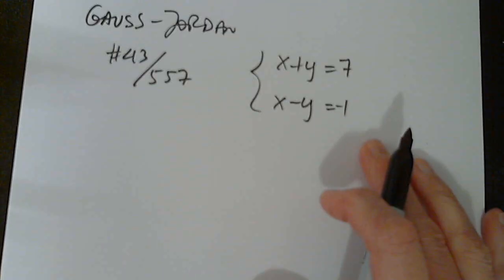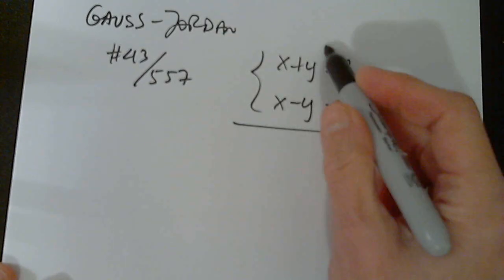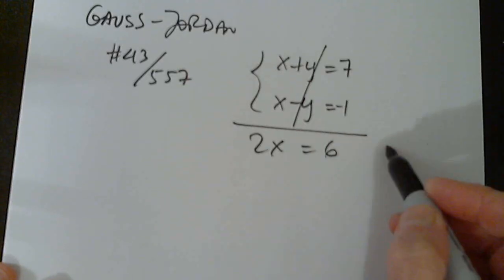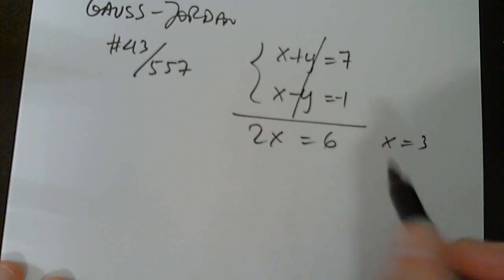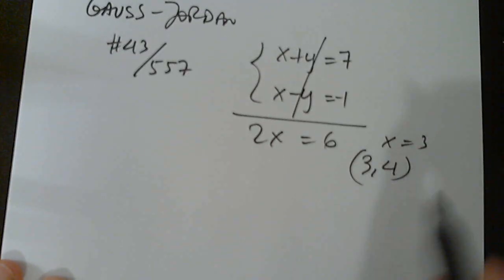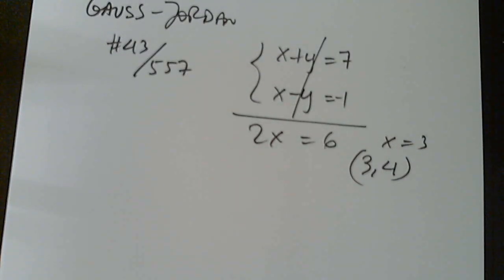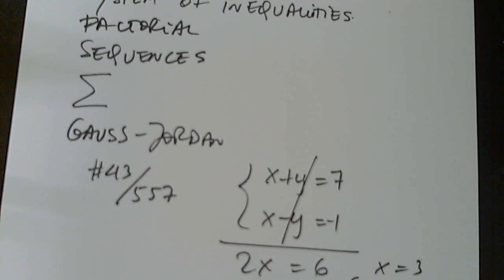Yes, exactly. Good. 2x equals 6, x equals 3. If x is 3, y must be 4. And you should always go back and check. Good. Next topic, next question.